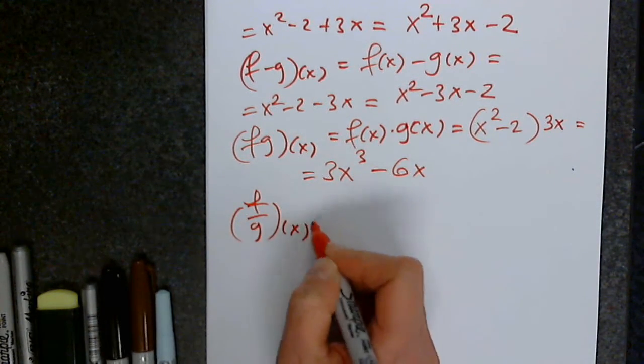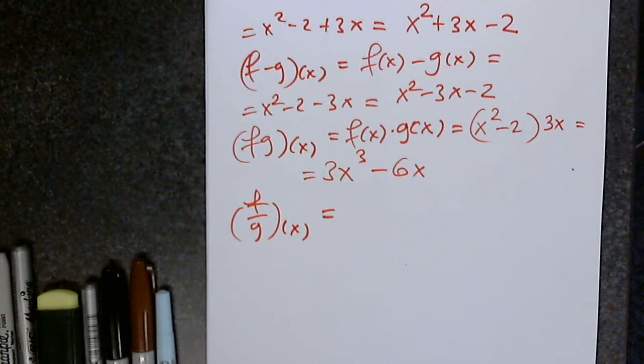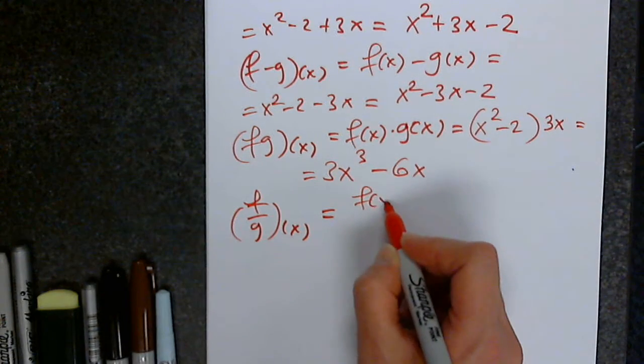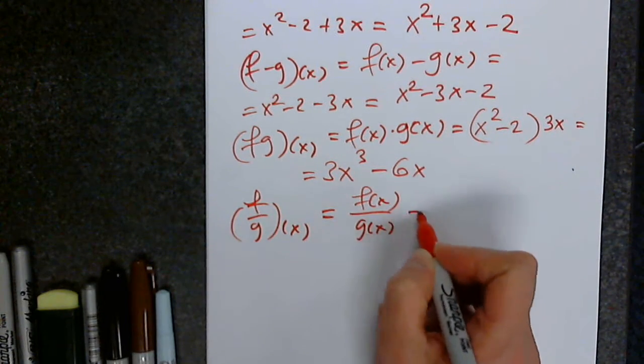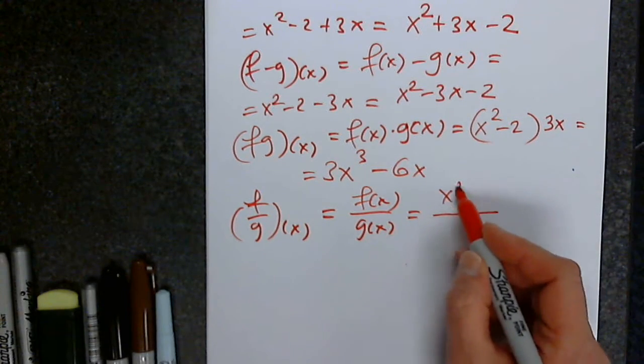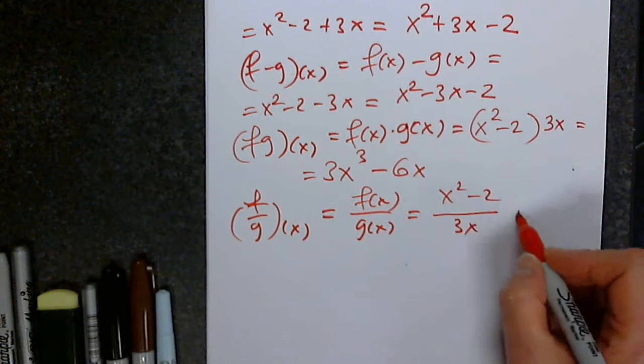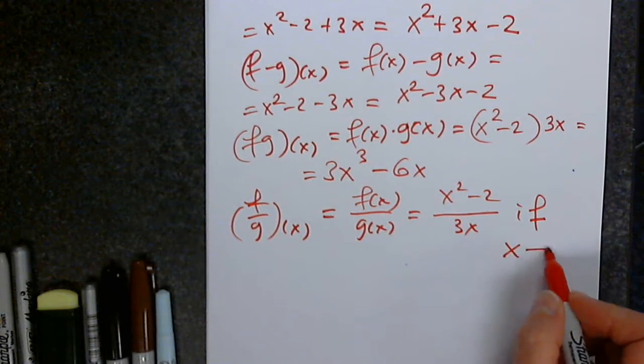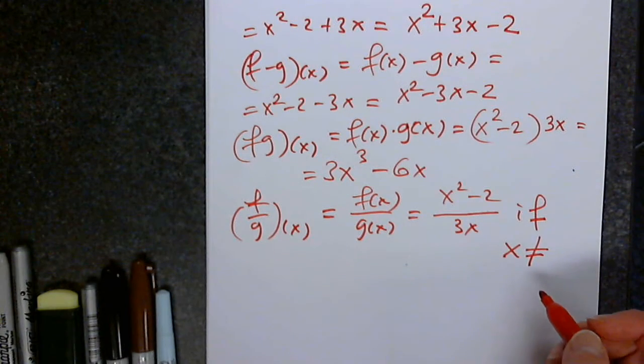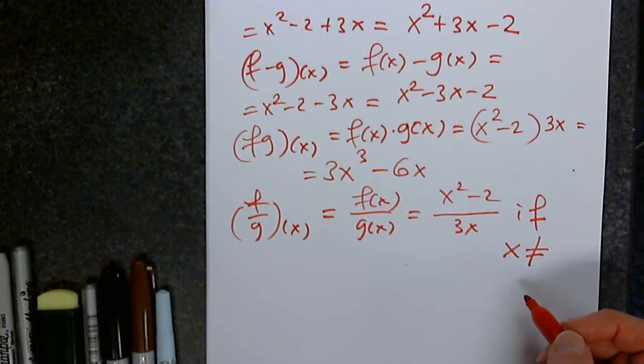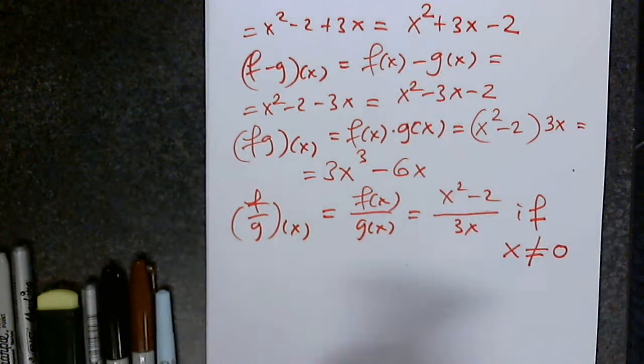So finally, f over g. Stop me if you have questions, please. F of x over g of x: x squared minus 2 over 3x. Careful, 3x cannot be 0, so x cannot be 0.